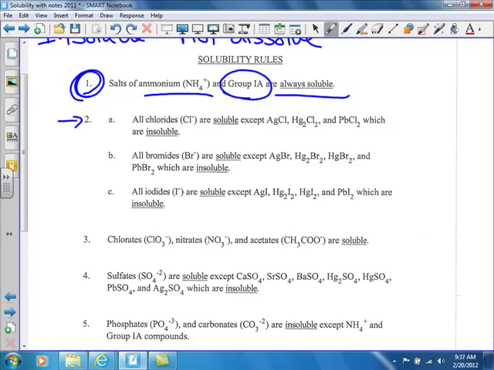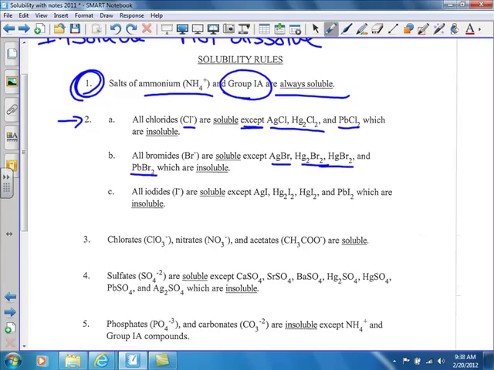This sheet has a whole bunch of solubility rules, and it talks about the halogens. All chlorides are soluble except silver chloride, mercury chloride, and lead chloride, which are not soluble. All bromides are soluble except silver, mercury, and lead.